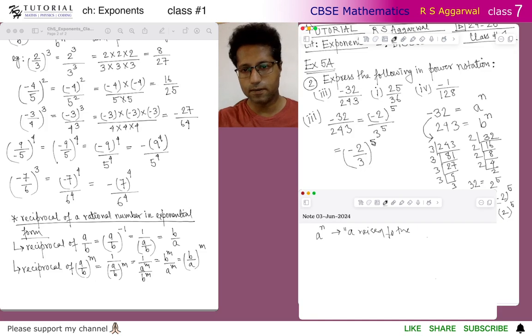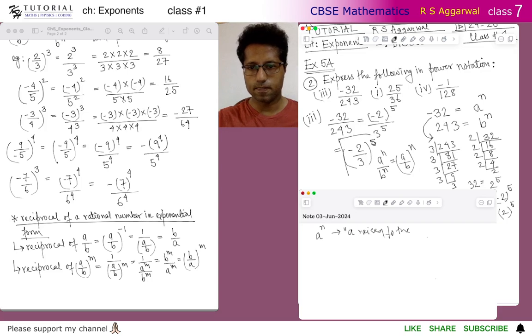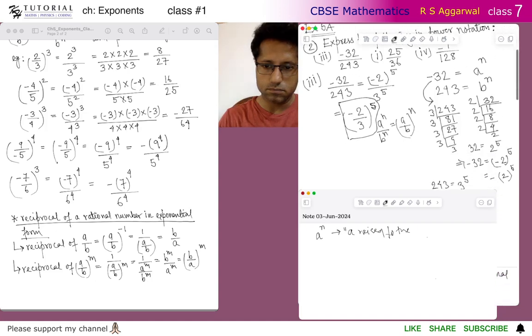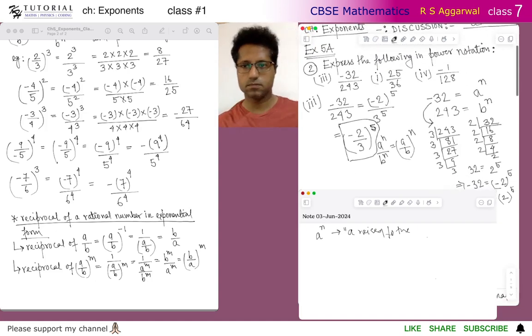Since these are equal, we can write minus 2 raised to the power 5 divided by 3 raised to the power 5 equals minus 2 by 3 raised to the power 5. So this is the answer for 3.